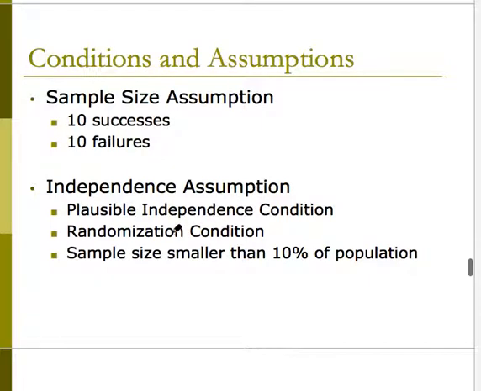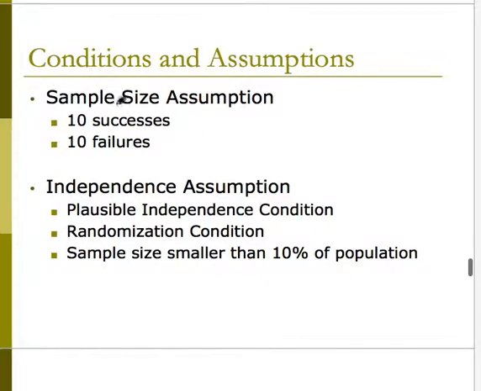That they were found by randomizing, so probably a simple random sample was collected, and that the sample size is smaller than 10% of the population. So just make a list of those because you're going to have to check this off.